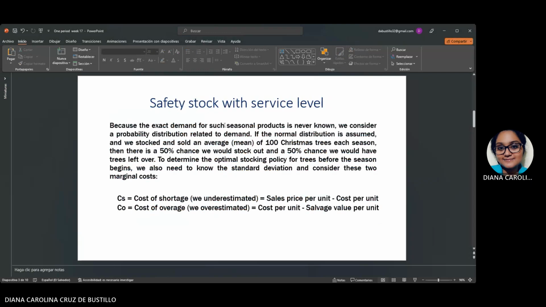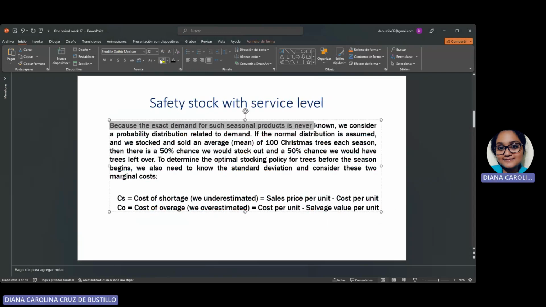Now, in many of these products, the demand is never known precisely. Let's go back to our example of the t-shirt for the football event. It's pretty much impossible to make a 100% accurate forecast of how many t-shirts you expect to sell, but if you have enough data, you can calculate on average how much you have sold, what the standard deviation is, and therefore you can associate a probability distribution to the demand.